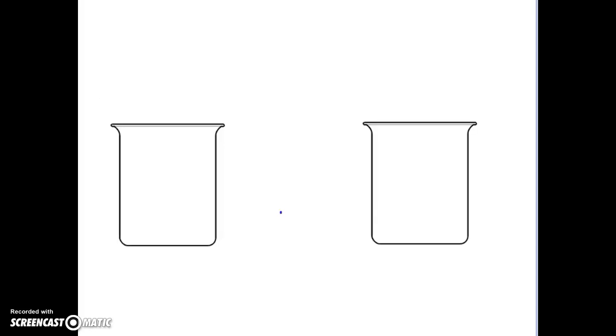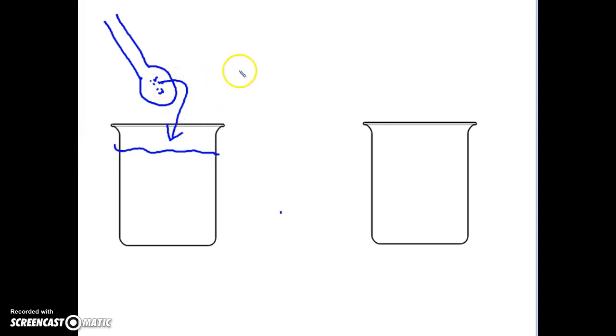Next thing I want you guys to do is recall what you should have learned from middle school. You have to know that a solution contains two components, okay? So let's say I put some sugar on a spoon and I add it to a cup of water. And the solution is composed of the sugar and the water.